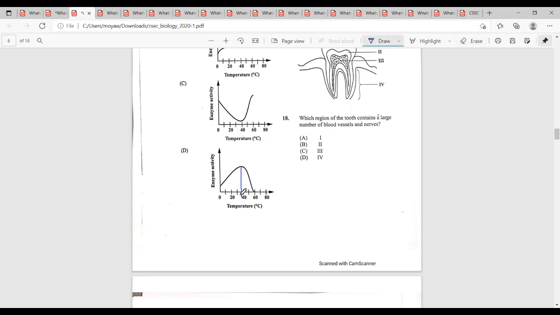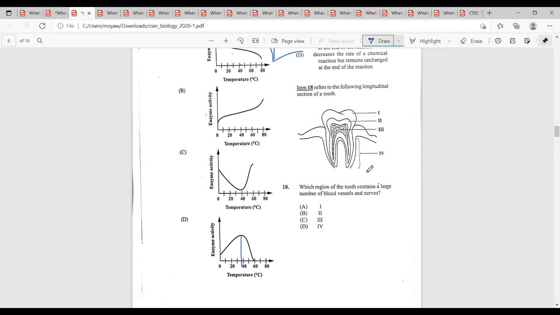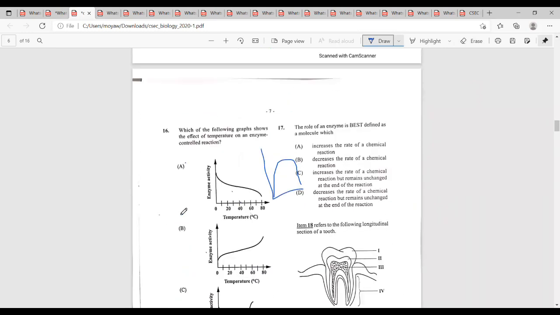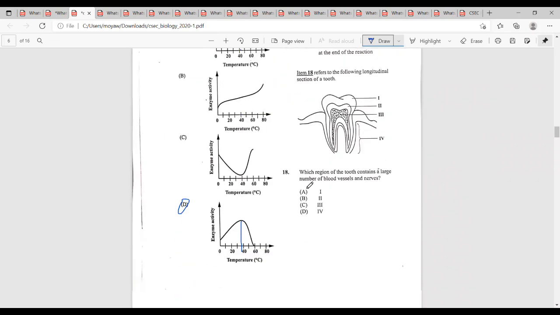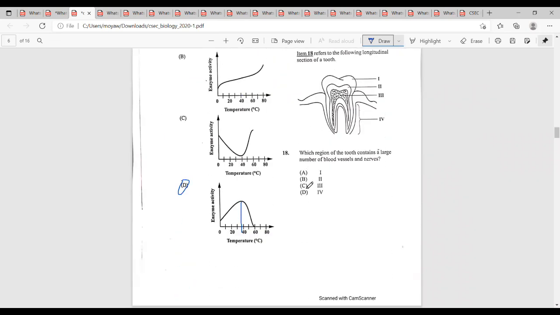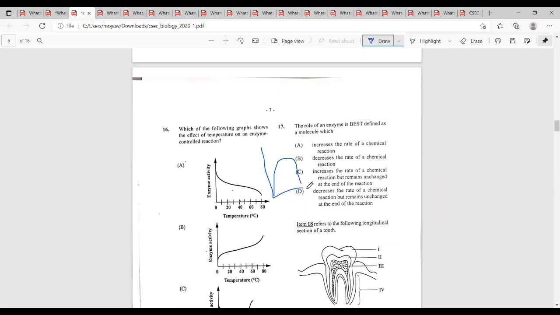So this would be 30, then roughly 35, if I were to draw it straight here. So the best option, as I was saying, has to be D, because that's how an enzyme-controlled reaction looks. That's the kind of graph that we look for. Show you again, these are the kind of graphs for enzyme-controlled reactions.